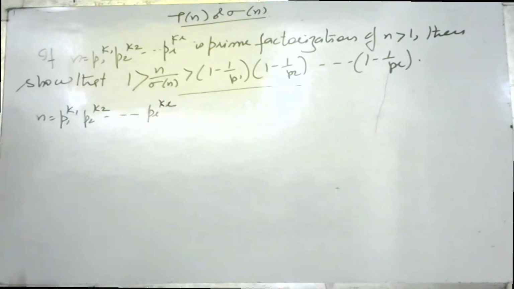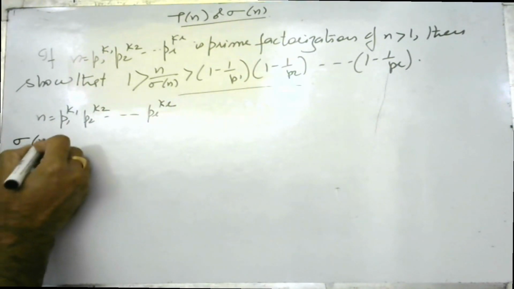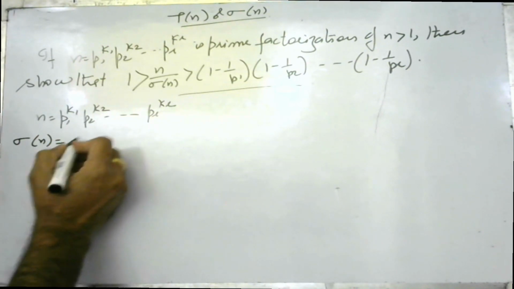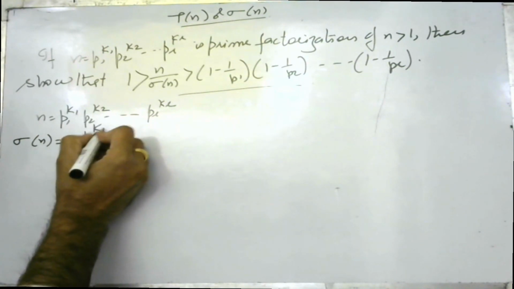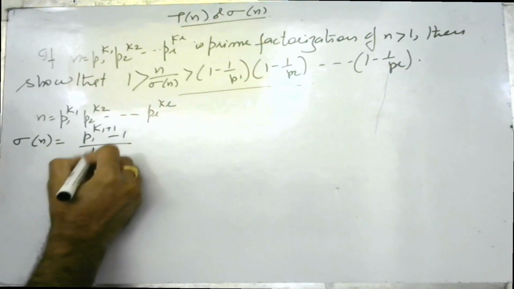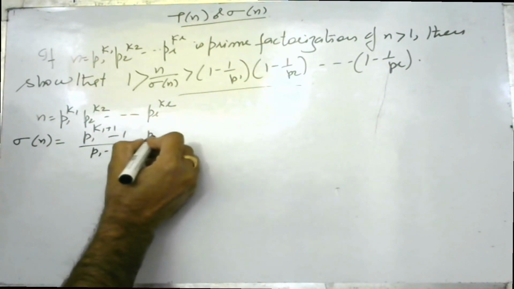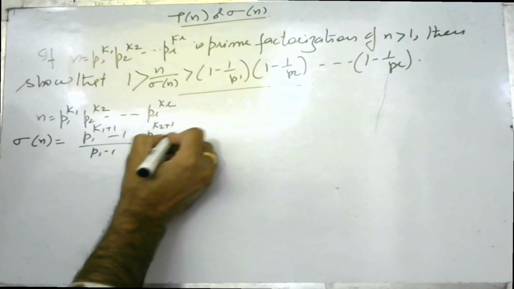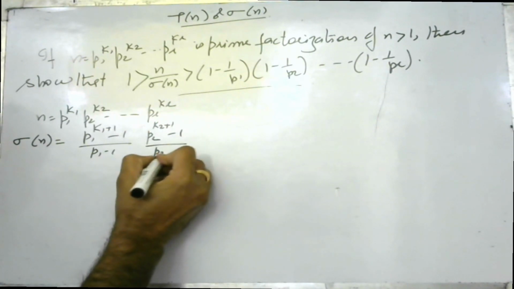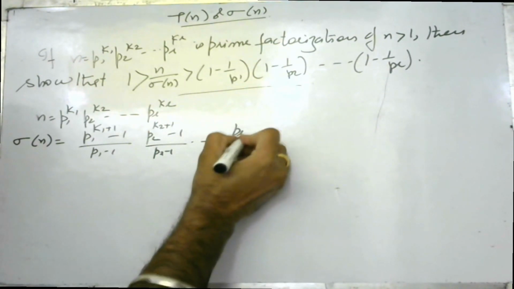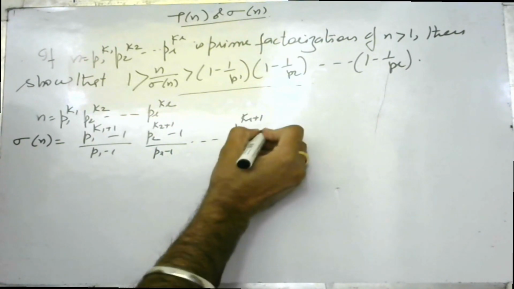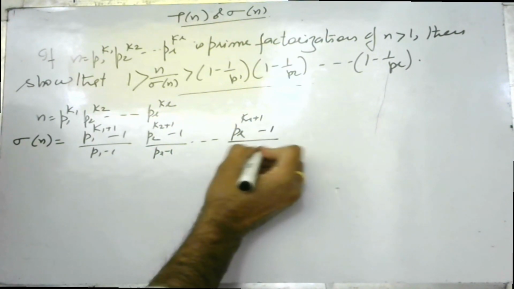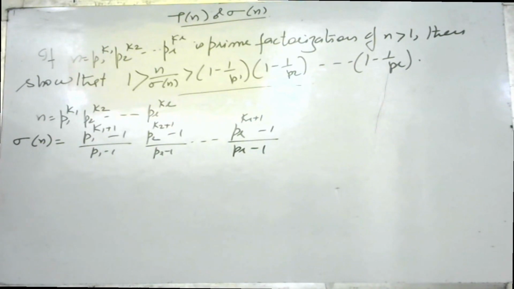Then writing the formula of sigma n, we have (p1 power k1 plus 1, minus 1) upon (p1 minus 1), times (p2 power k2 plus 1, minus 1) upon (p2 minus 1), and so on, up to pr power kr plus 1 minus 1 upon pr minus 1. So we know this formula.